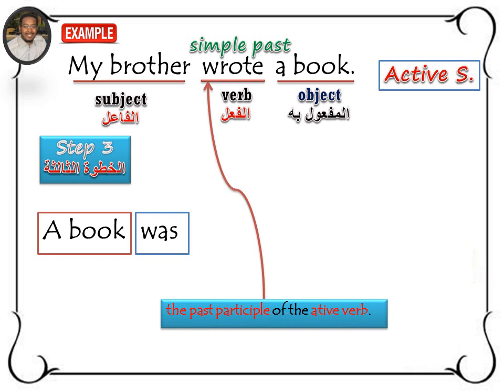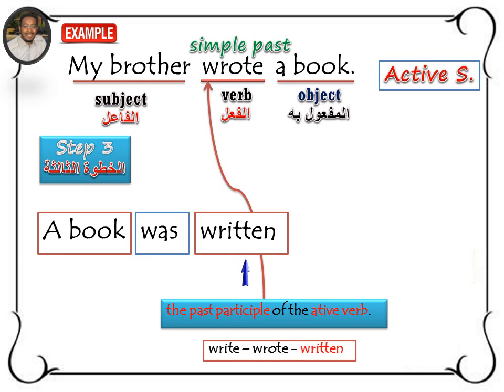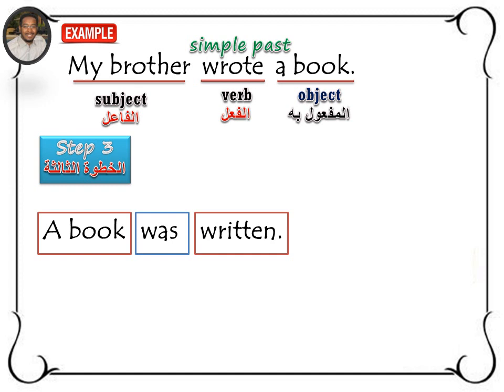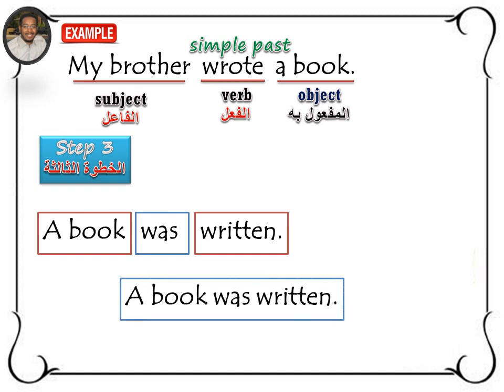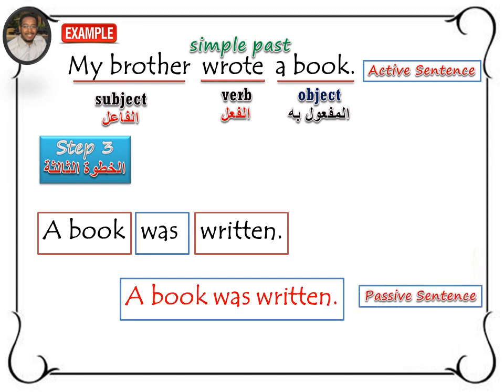Here the active verb is wrote and the past participle is written. Write, wrote, written. And we get a book was written. So the sentence my brother wrote a book, which is an active sentence, becomes a book was written as a passive one.